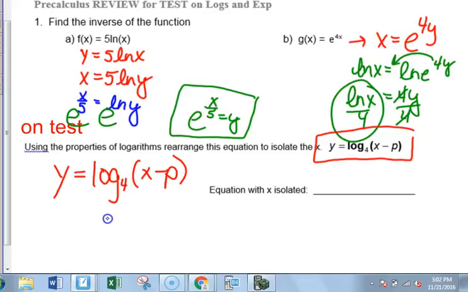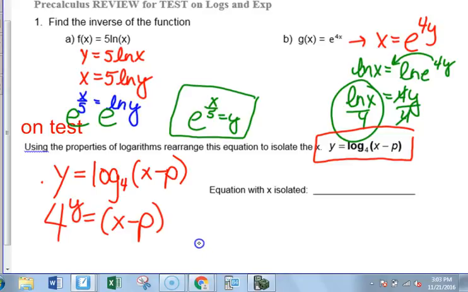Ideas? 4 to the y equals, just rewrite it. Okay, so 4 to the y equals, that's what it means, right? What a logarithm means, this to this power equals this. So 4 to the y equals x minus p.